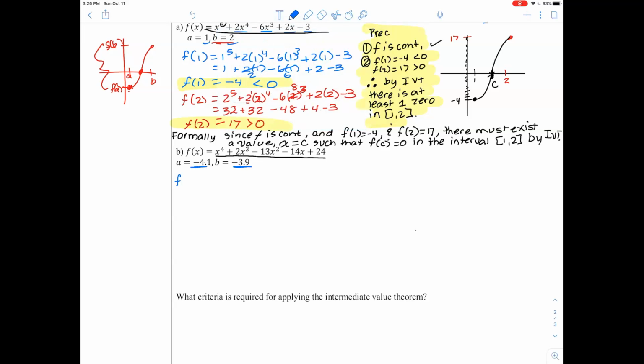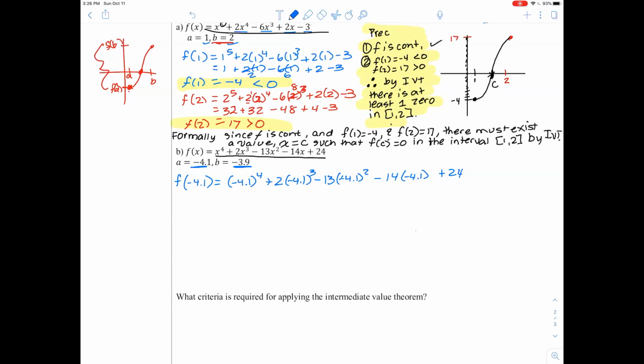Look at that. So the f of negative 4.1 means we're plugging in negative 4.1 to the 4th plus 2 times negative 4.1 cubed minus 13 times negative 4.1 squared minus 14 times negative 4.1 plus 24.